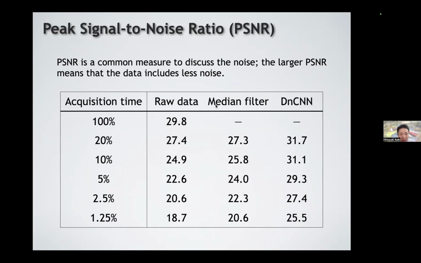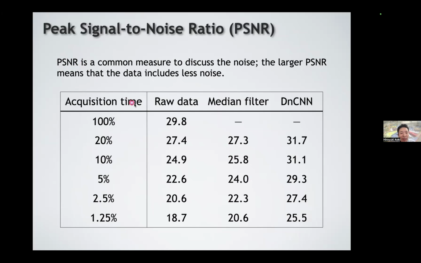This is the statistical data to indicate the effect of the noise reduction. As a measure of the noise in the experimental data, we use the peak signal-to-noise ratio, the PSNR.